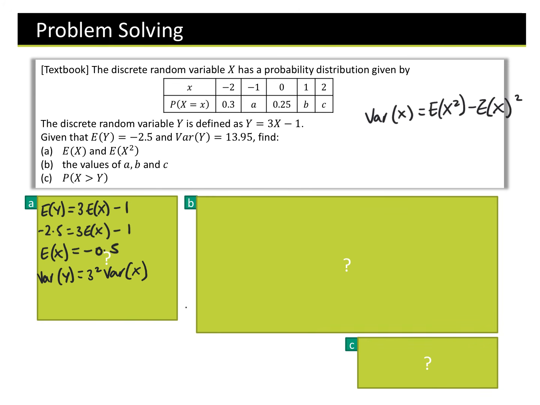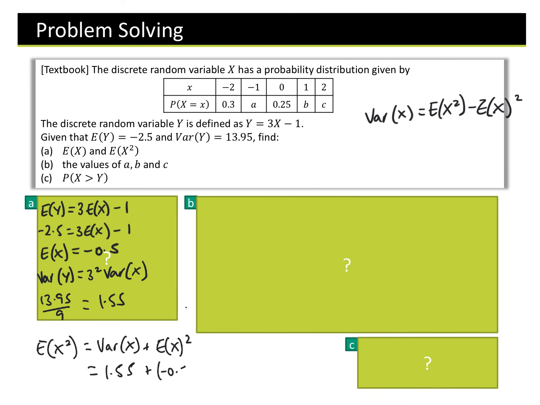So I'm going to have 13.95 divided by 9, which is going to give me 1.55. So that's my variance of x. So now I know that to find the expected of x squared, I'm going to have the variance of x plus my expected value squared, which is going to be 1.55 plus minus 0.5 all squared, which is going to give me 1.8. So that's part A done.